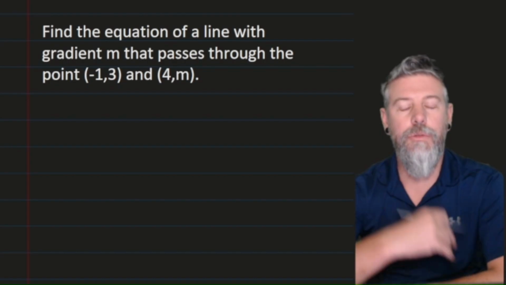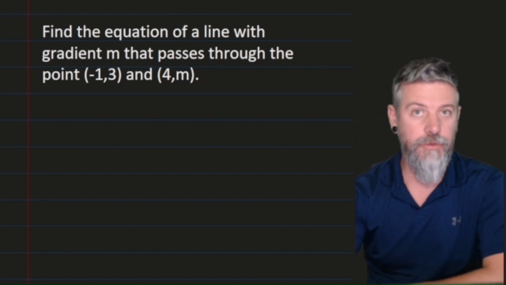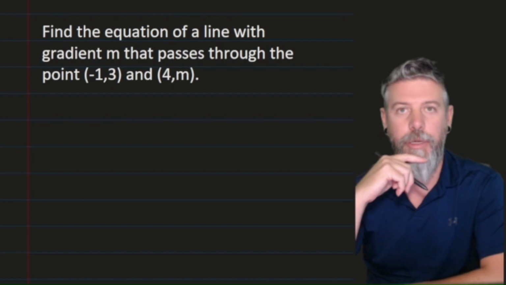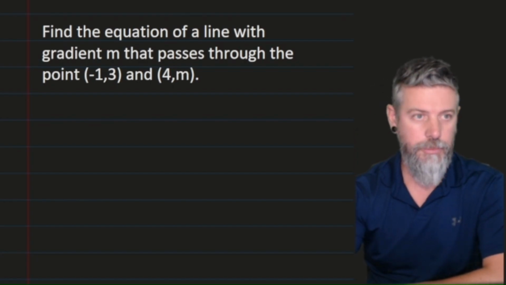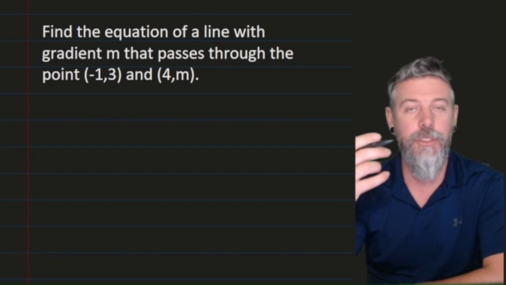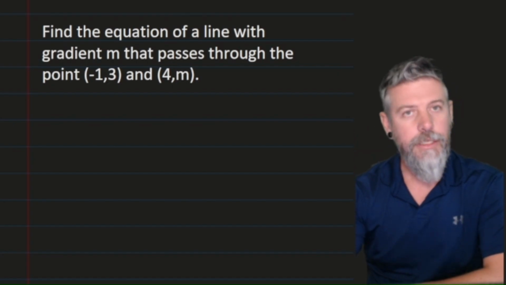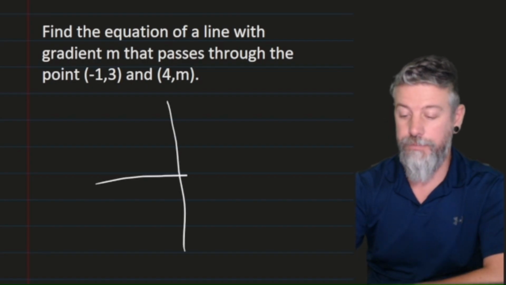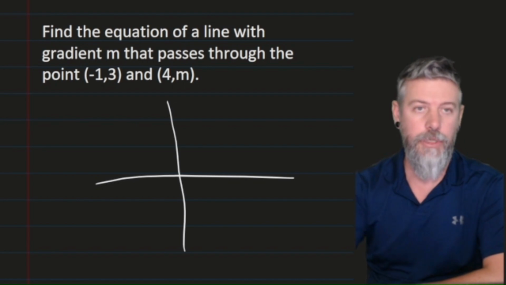And students who think about linear functions in terms of tables of values, where they go across one, up a certain amount, across one, up a certain amount, will become a little bit lost, because now we've got a gradient of m. So we don't go up by a certain amount, we just go up by m. So that can be a little bit hard now to think of, well, what does that graph look like? But it is achievable, okay?